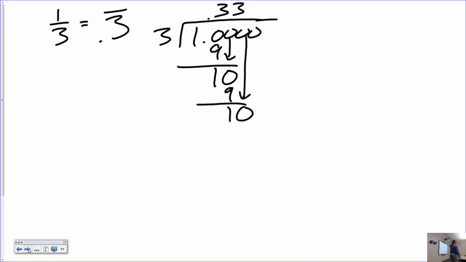Generally in a math class, I expect exact answers. So if I ask you to convert this fraction into a decimal, and you just write 0.33333 and then stop and don't put a bar over the 3, you're wrong, because you have rounded that number. You can't stop. It needs to be infinite. This bar tells you that the thing is repeating infinitely, okay? So just keep that in mind.